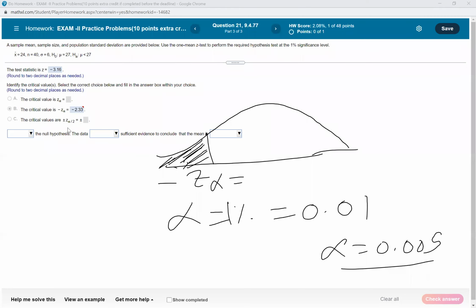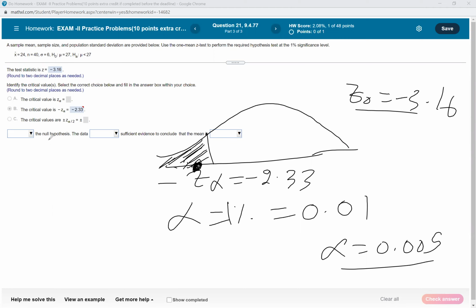Now we need to make the decision about the null hypothesis. The critical value is negative 2.33. And what did we find for the test statistic? We found z observed is negative 3.16. So z observed is somewhere here, right? That means z observed is in the rejection region.